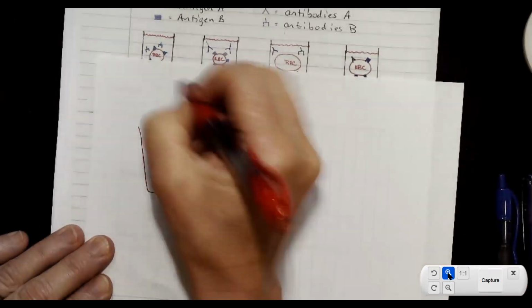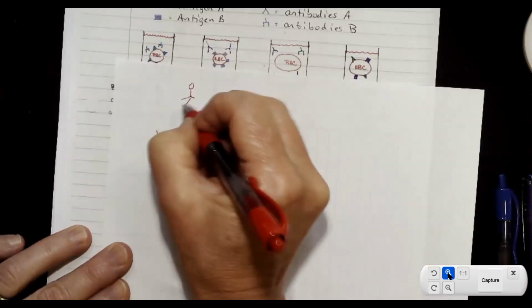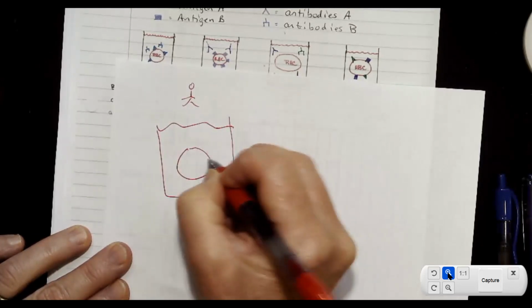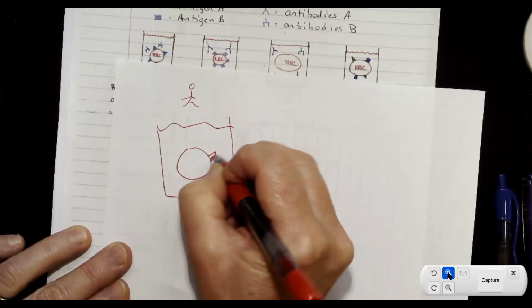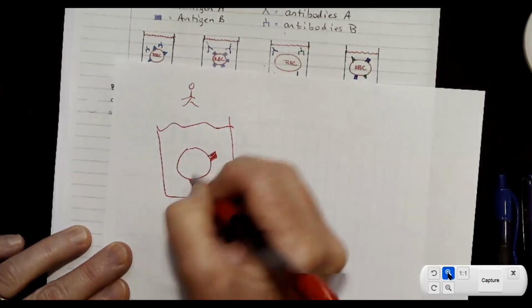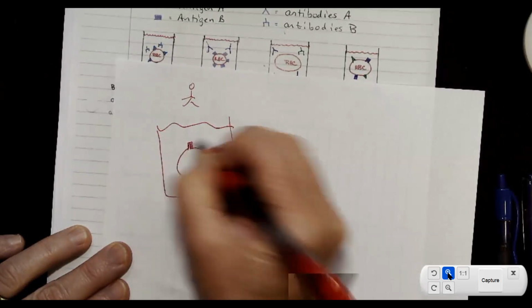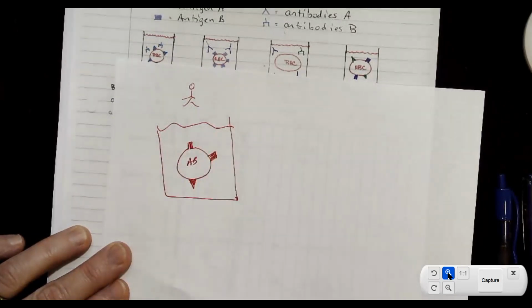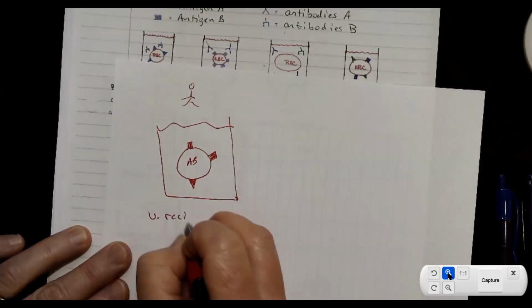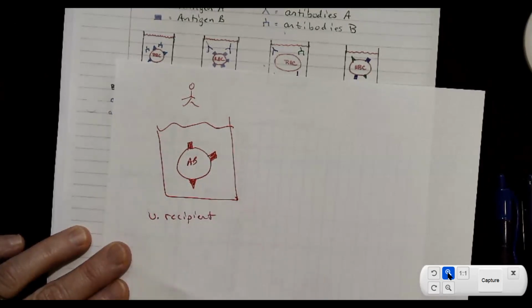So here, I'm going to take somebody with type AB blood, all right? There's the B antigen, there's the A antigen, B antigen. So this is type AB blood, all right? This is known as the universal recipient, all right?